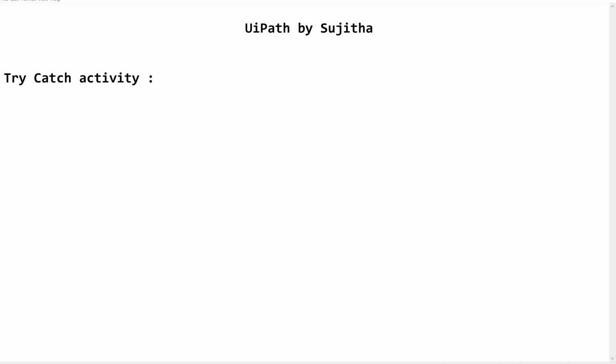So due to that, or maybe the input data what you are providing, maybe through the user inputs or through the assets, or somehow if the data is not in a proper format because of some date issue or something like that, or maybe if the files which you have used in your automation are not available, or maybe on open, if it is an Excel file, maybe if it is a PDF or text file, the file may not be found.